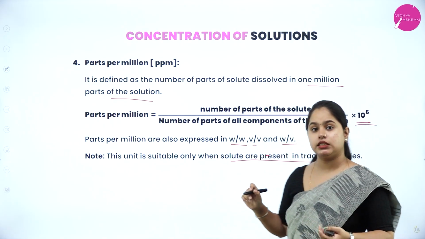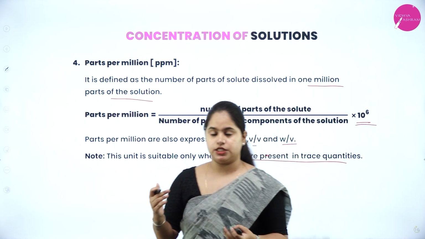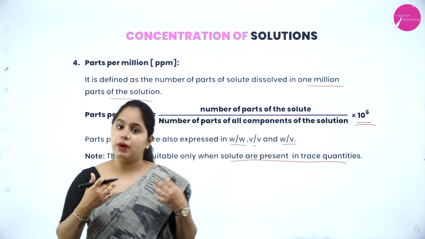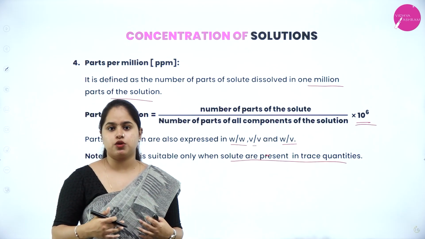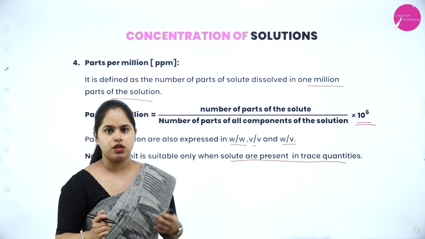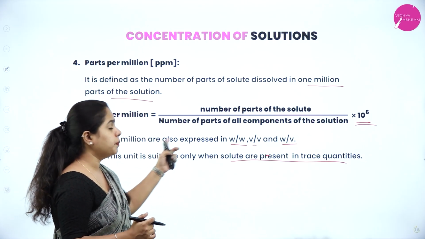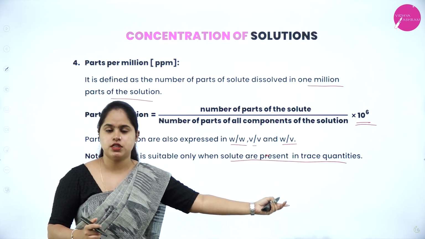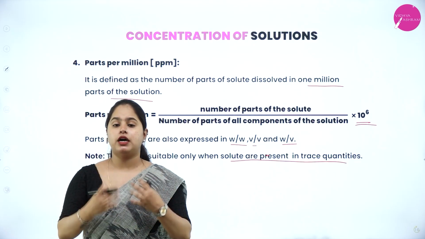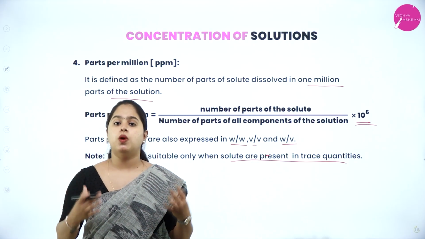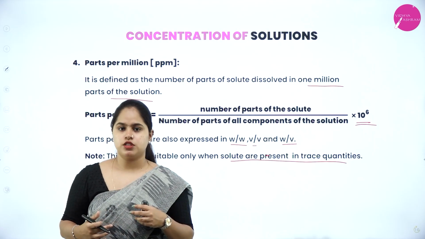Also you can write it in terms of mass by volume, that is mass of solute by total volume of the solution multiplied by 10 raised to 6. So it can be expressed in all these three forms. But it is the number of parts of solute present in 1 million parts of the solution.